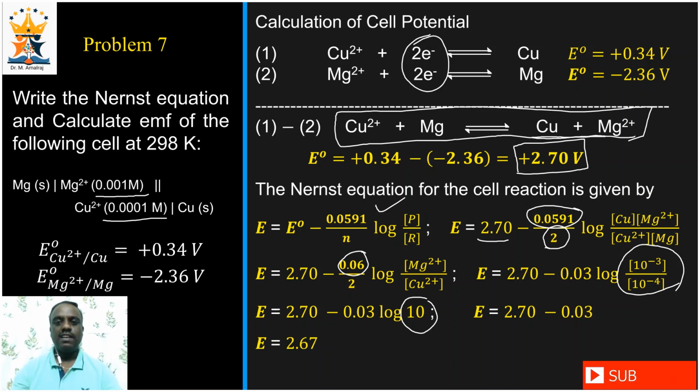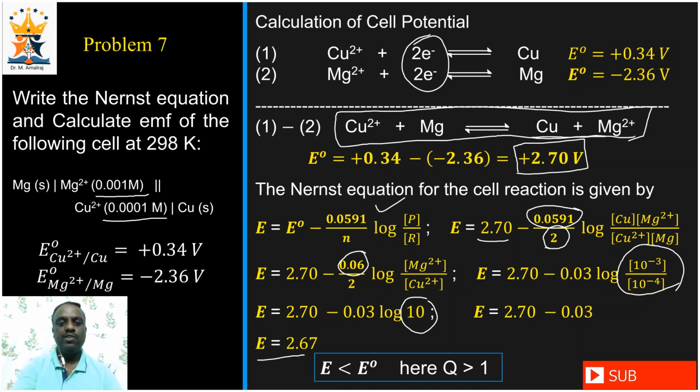Look at this, here E is lesser than E naught, so 2.67 is the E value and 2.70 is the E naught value. So E is less than E naught because Q is greater than 1. If Q is greater than 1, we can relate that E is less than E naught.